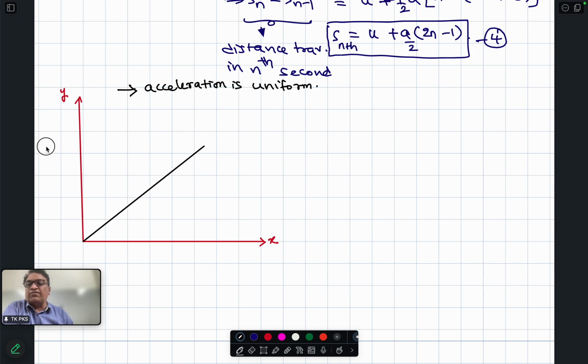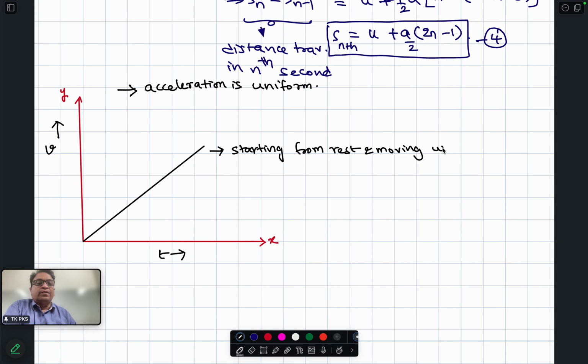When you draw a graph between velocity and time, this one represents a body starting from rest and moving with constant acceleration.